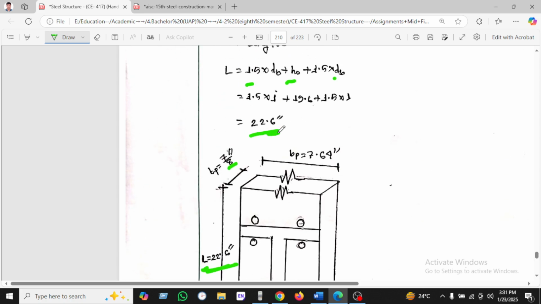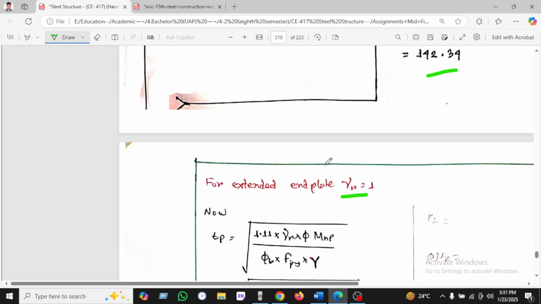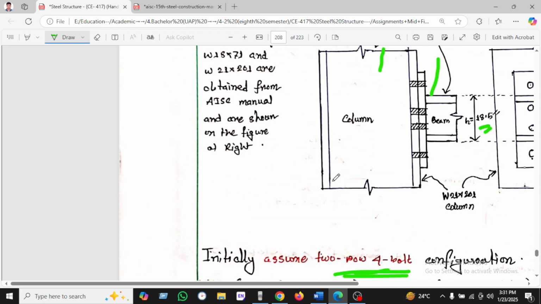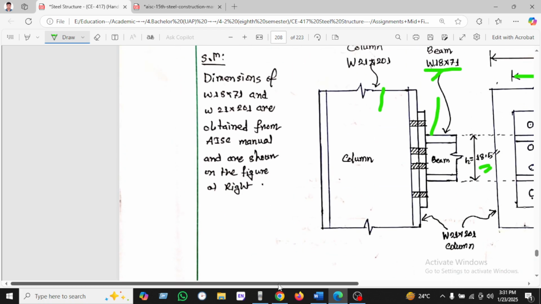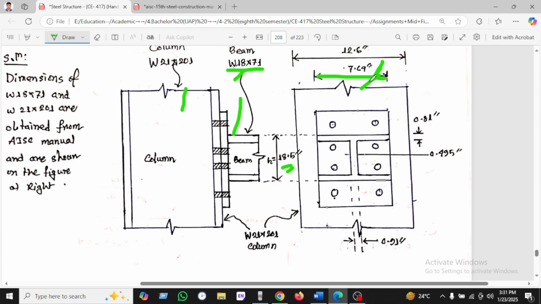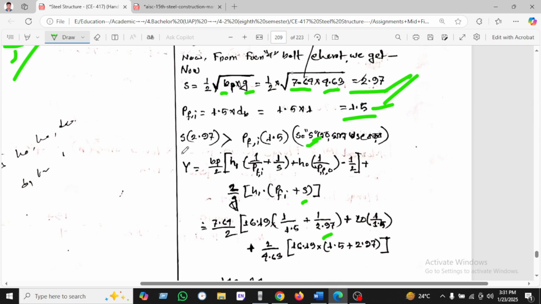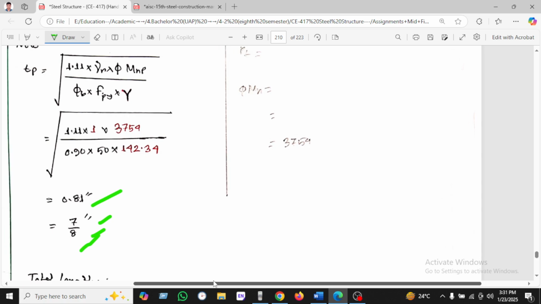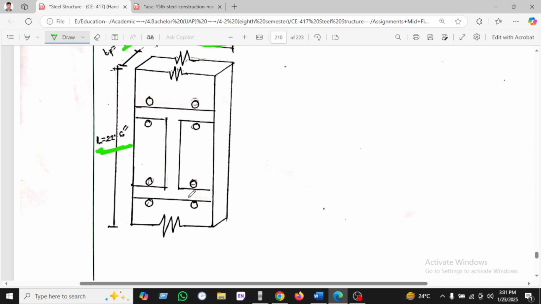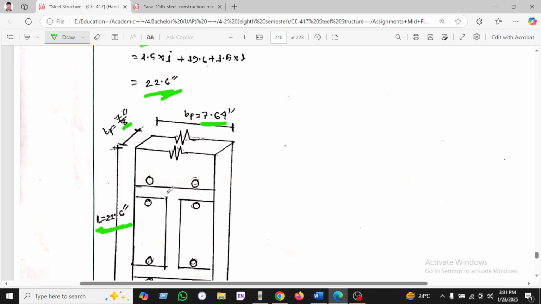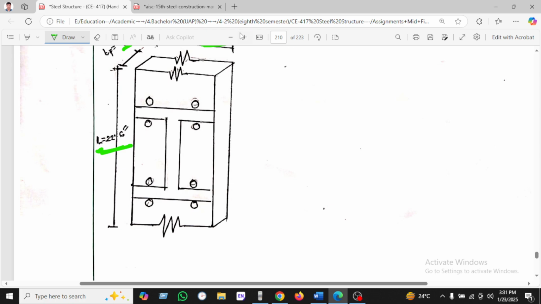Here 7.64 we have taken as the first line as you see in the graph, and four rows and two columns we have taken in bold. That's why we are using this. This is our final diagram.